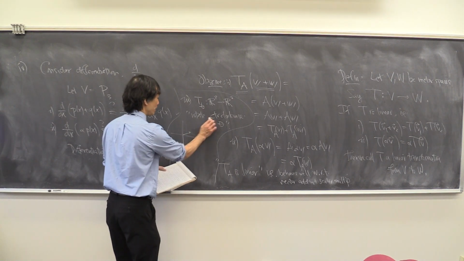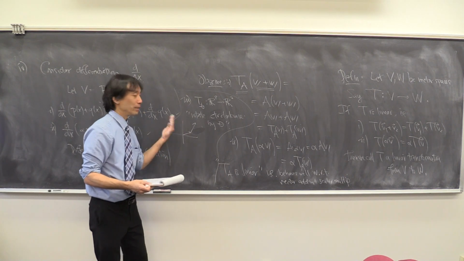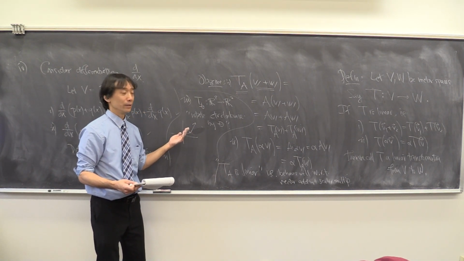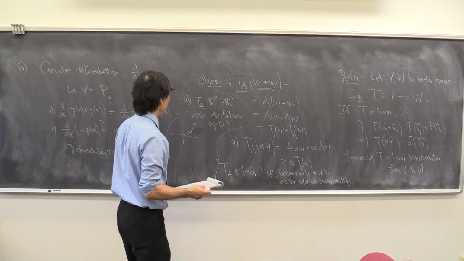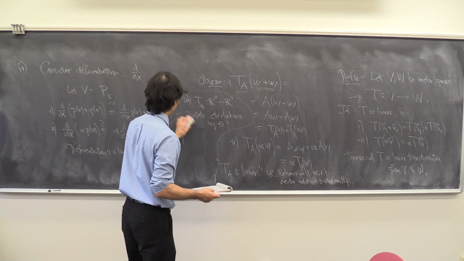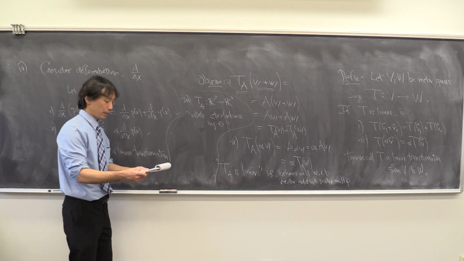If I have two vectors and I add them together and then rotate them, is that the same thing as rotating them first and then adding them together? Yeah, same thing. So this is also a linear transformation.